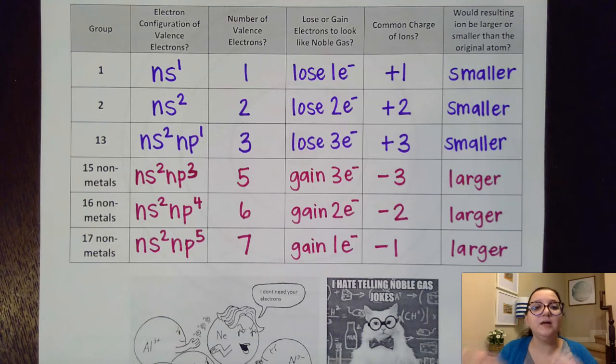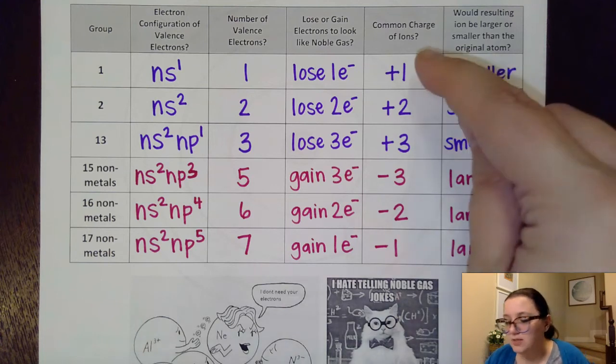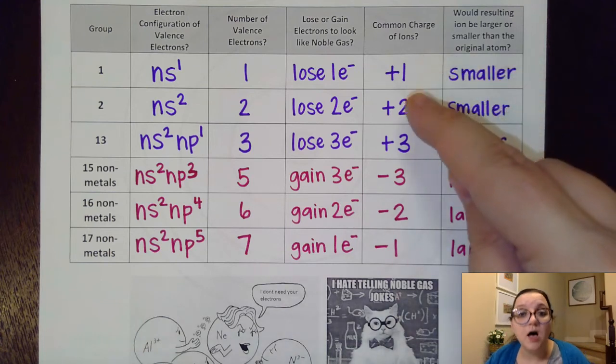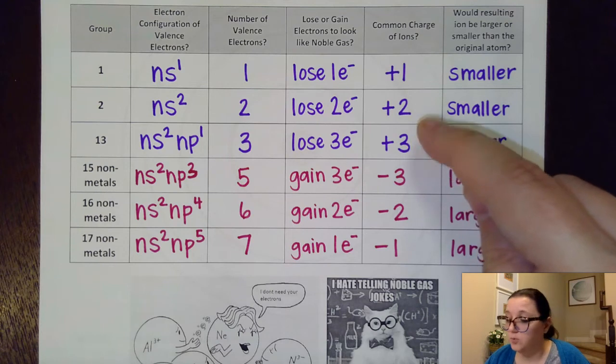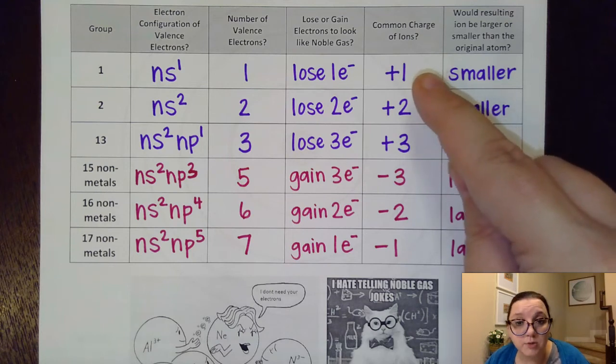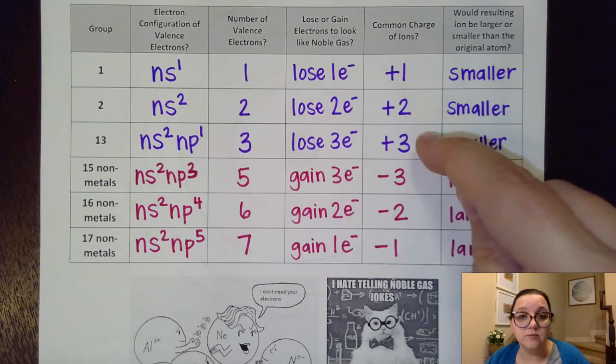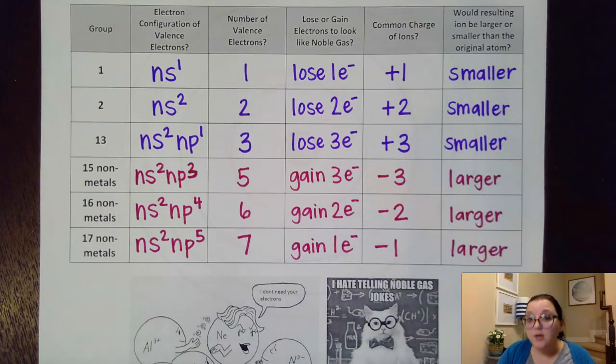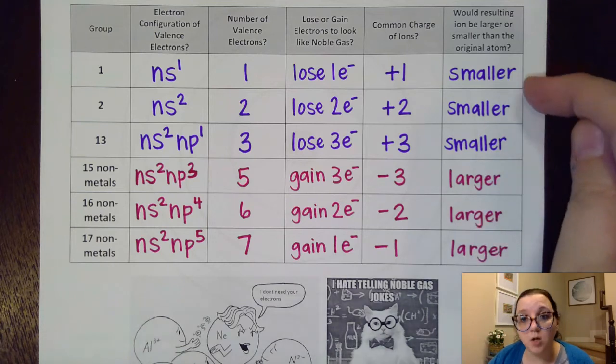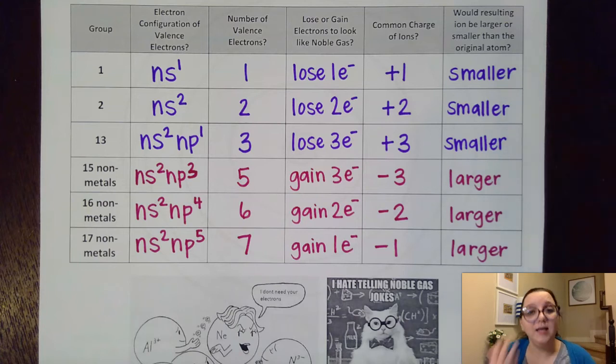It's a little more convenient, and we'll see that on our periodic table here in just a little bit. And so what happens is that these usually take on a positive ionic charge. You notice for group 1, positive 1 is its common charge. Group 2, positive 2, and group 13, positive 3. When it becomes an ion, say in a compound, that is the common charge that that ion would take on. And it does end up being smaller than the original atom, again, because you're losing electrons, and so you're losing repulsions.